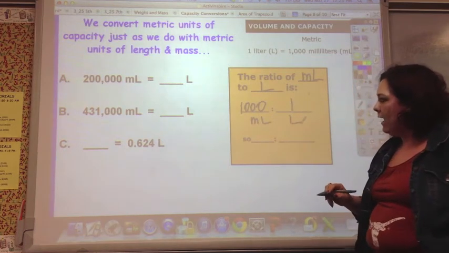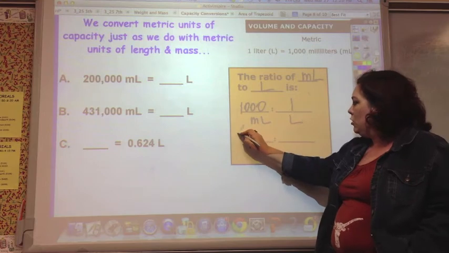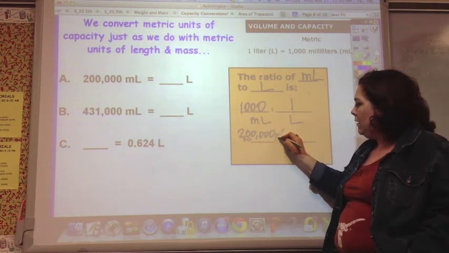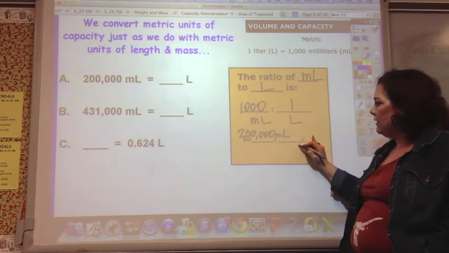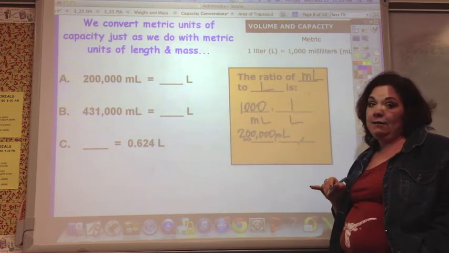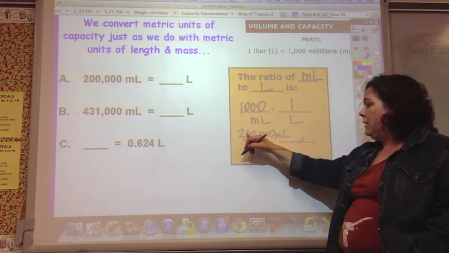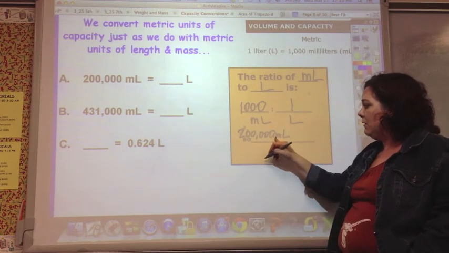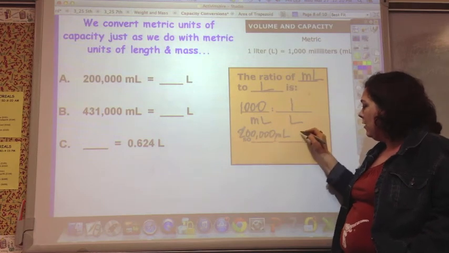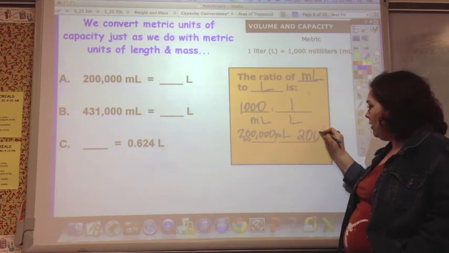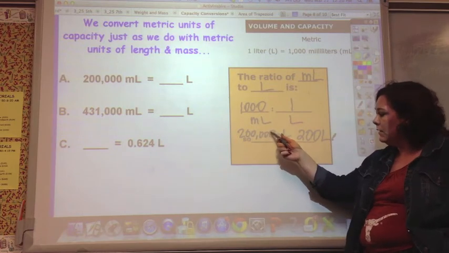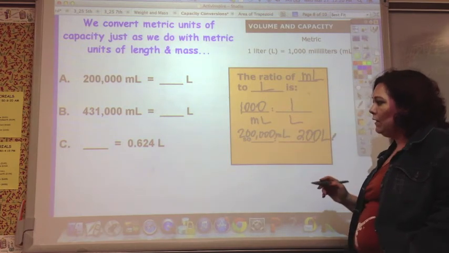So if I have 200,000 milliliters, how many liters is that? Well, this is divide by 1,000. So I want to divide this by 1,000. And so that's 3 decimal places to the left. 1, 2, 3. So that would equal 200 liters.